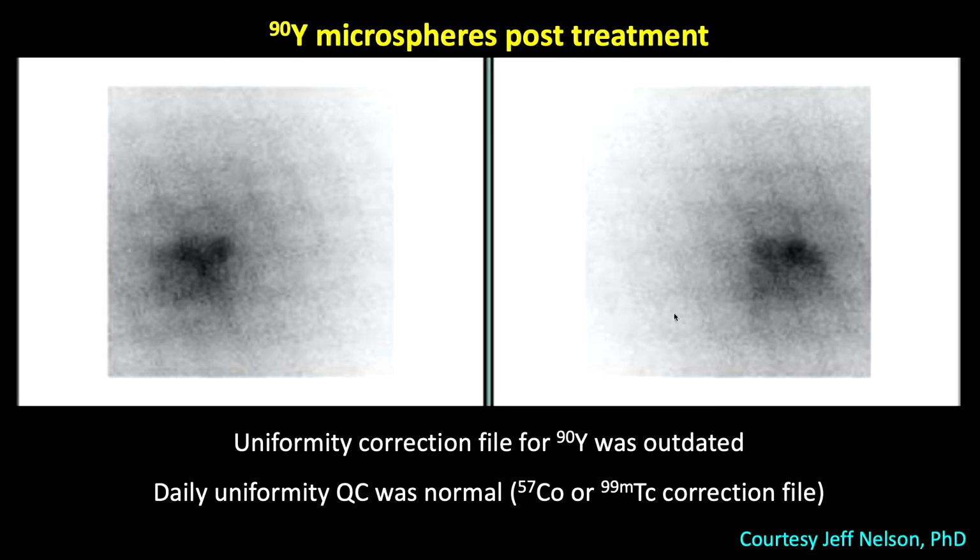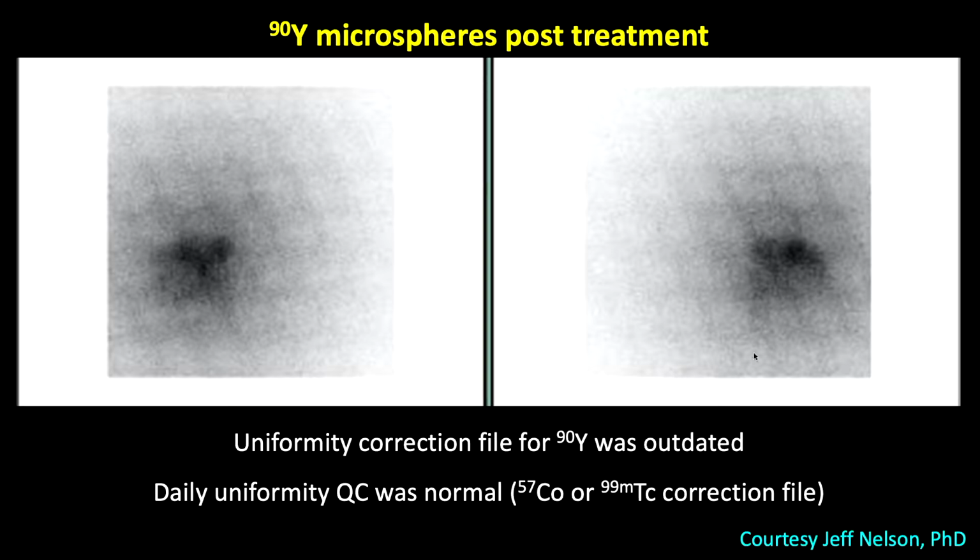Here's another image of a patient for yttrium-90, and in that case, the uniformity had passed, but it was at the standard energy, cobalt 57, but not to account for the photons from yttrium-90. So because of that, you had this artifact, and this kind of, again, looks similar to what we saw before.